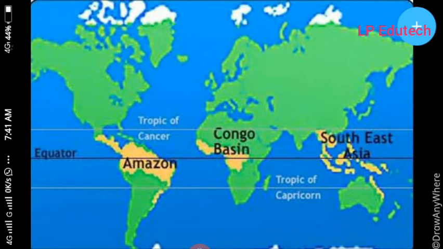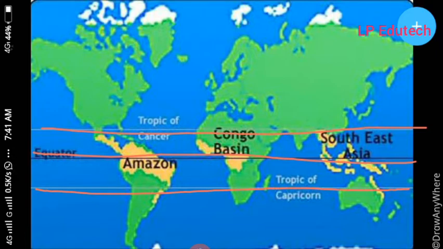In a tropical zone, here passes the equator, and here the Tropic of Cancer, and here the Tropic of Capricorn. In this zone, between these, the rate of evaporation is higher.